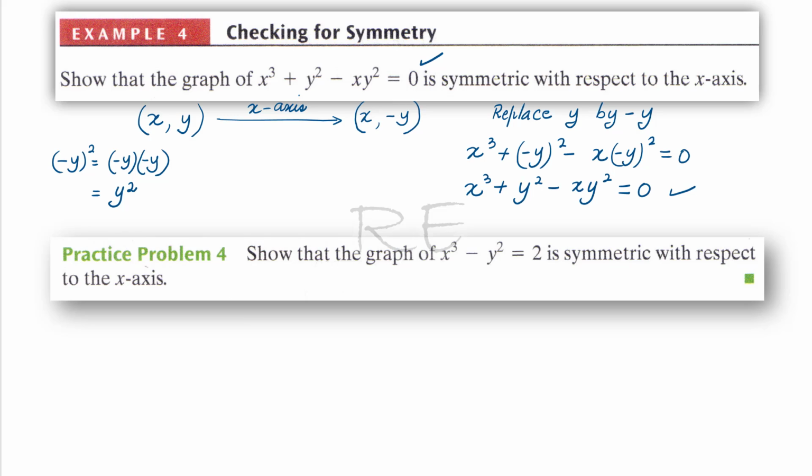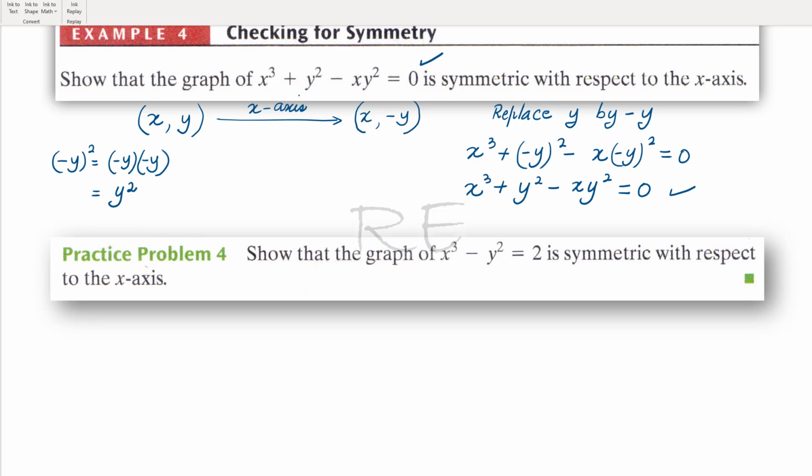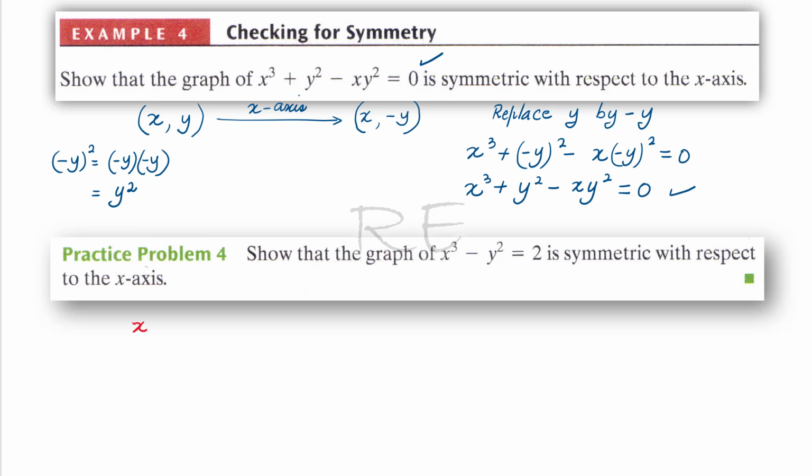We'll do the same thing for problem 4. We're going to replace y by negative y and see if the function will stay unchanged. Remember, if (x, y) belongs to the graph and it's symmetric about the x-axis, then (x, negative y) also belongs to the graph.